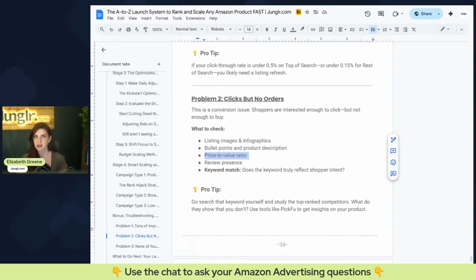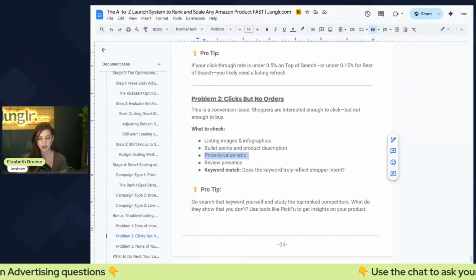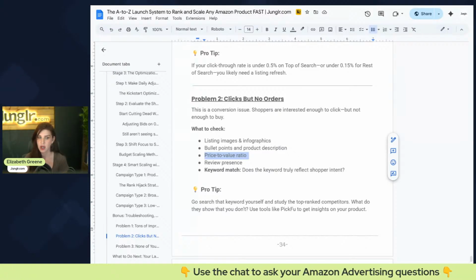If you decide to launch a more premium product, which you can do and get away with sometimes in certain niches, you also have to make sure that your listing clearly displays the value. Because let's think about it.